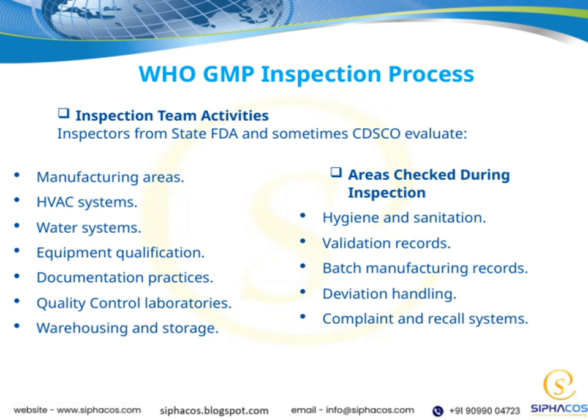Warehousing and storage conditions are inspected to prevent contamination or mix-ups. When it comes to the WHO GMP inspection process, the inspection team, usually comprising inspectors from the state FDA and sometimes CDSCO, thoroughly evaluates all these areas. Their goal is to ensure compliance with good manufacturing practices, which underpin product quality and safety.